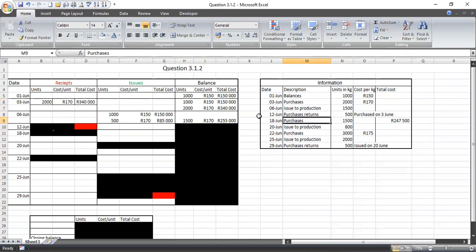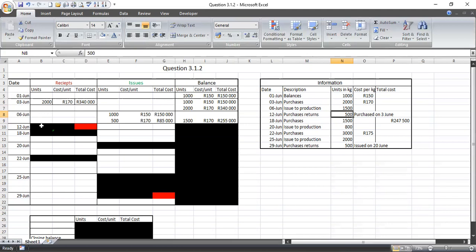Now we have to take notice of what the cost per unit was on the 3rd of June, because for these 500 units, the cost per unit was not given. We go to the 3rd of June, we notice that the cost per unit was 170. So we're going to apply the cost per unit to these 500 units that are being returned.